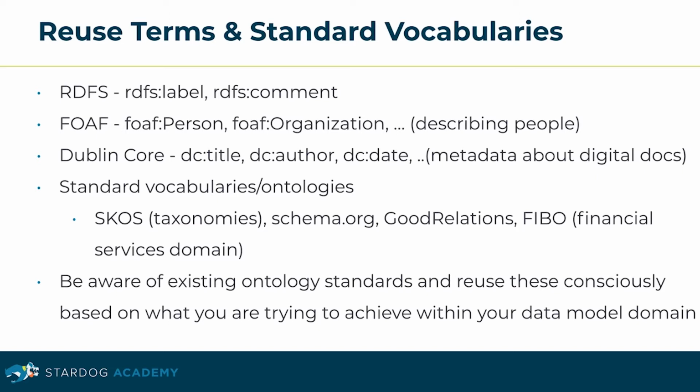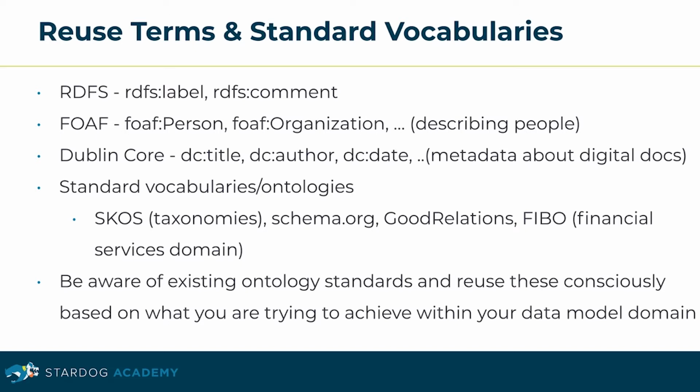Resource Description Framework Schema, RDFS, defines terms such as rdfs:label and rdfs:comment, and we can use these terms to define labels for our concepts, classes and properties, but also provide notes and comments for them. Other standard ontologies, such as the Friend of a Friend ontology, are able to describe people, organizations and activities.